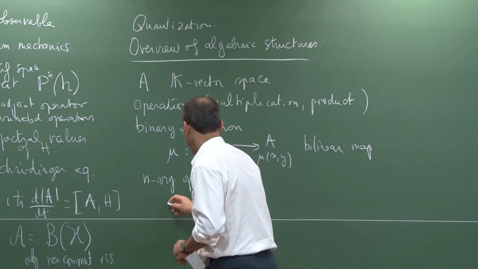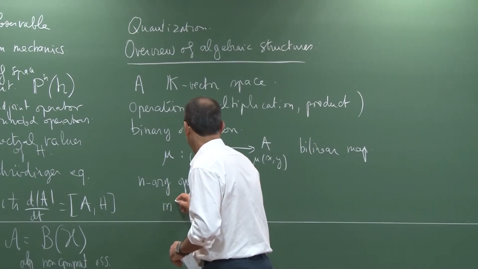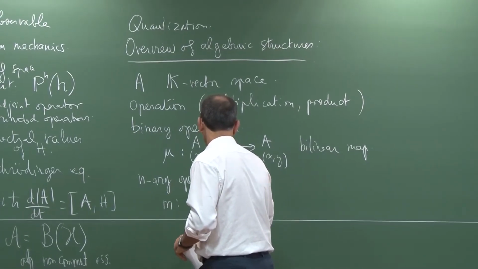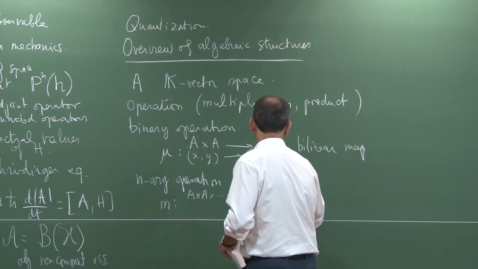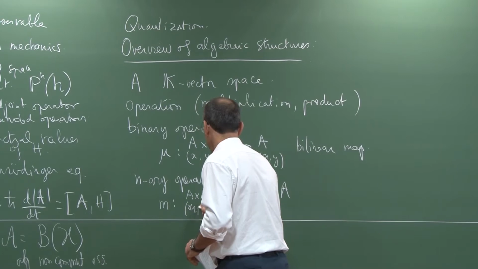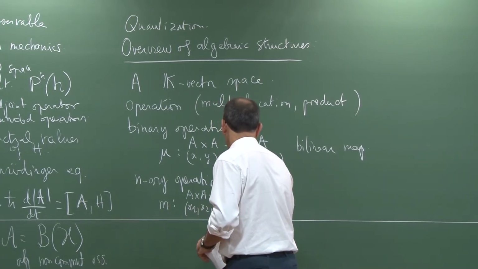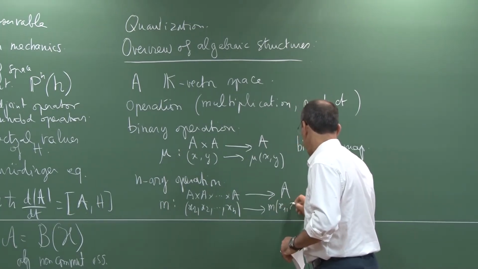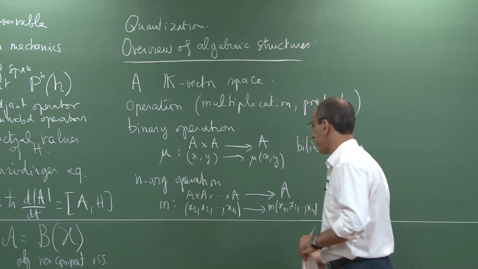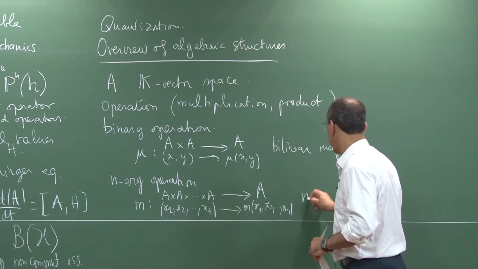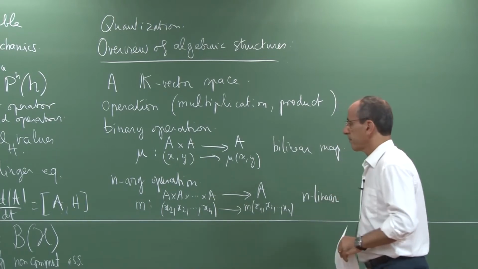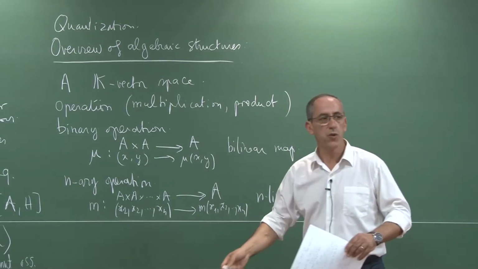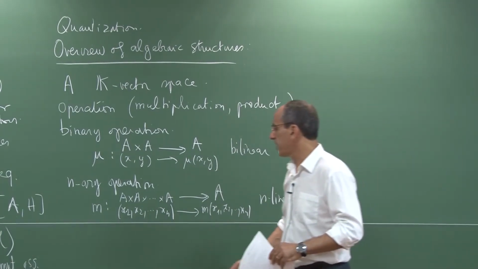An n-ary operation, let's call it m, is a map from A times ... times A to A, and to (x1, x2, ..., xn) we associate m(x1, x2, ..., xn), and this is n-linear. And what is skew symmetry here? Sometimes we assume that the operation is skew symmetric.